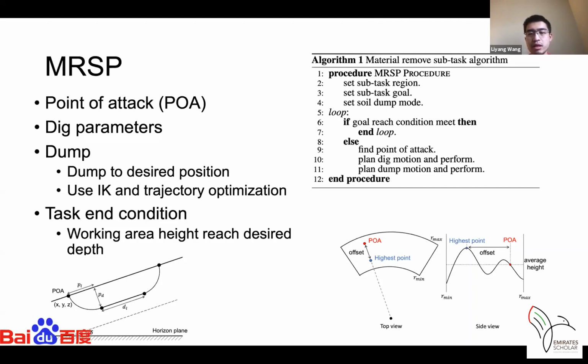If it doesn't meet, it will continue to find the POA point, and then plan for the dig motion and then plan for the dump motion. We have different dump motion types. We can dump to the point, we can dump to the truck, we can dump to the desired positions. We use IK and the trajectory optimization method for the dump motion.